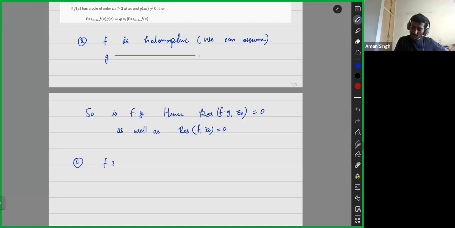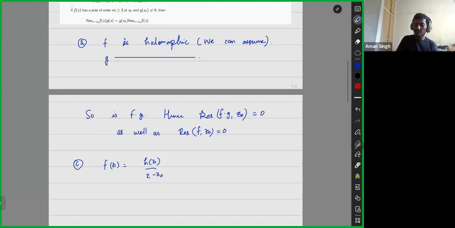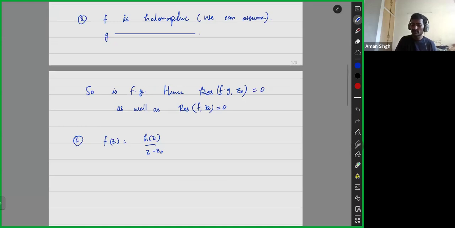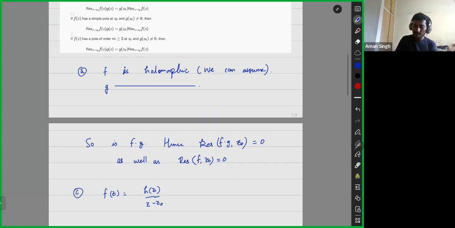f(z) can be written as, not f, we can write h(z), which is holomorphic in the domain, divided by z minus z naught, because they have said that this pole is simple. So I'm writing z minus z naught to the power 1 only. Otherwise, we could write some weird power also.